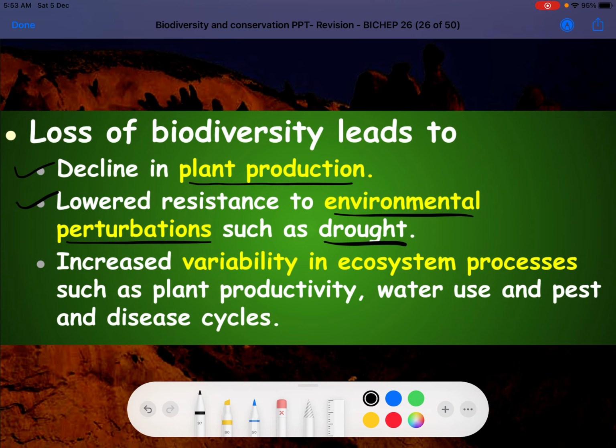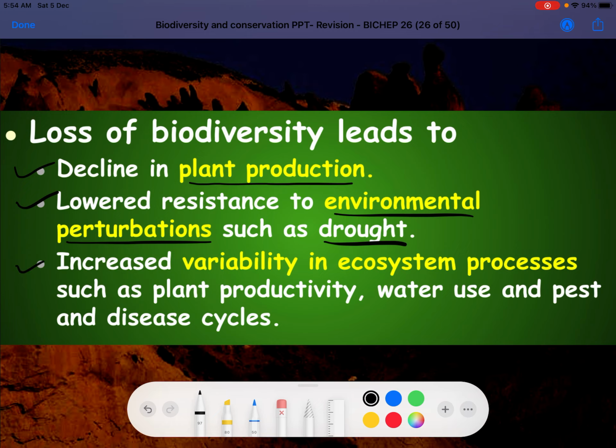Even in the current situation, we can observe so many disturbances around us in environmental conditions. We are currently facing a huge cyclone near South India, for example Tamil Nadu. It is somehow a consequence of this kind of loss of biodiversity, maybe. Right? So this can be a possibility of this kind of environmental disturbance.